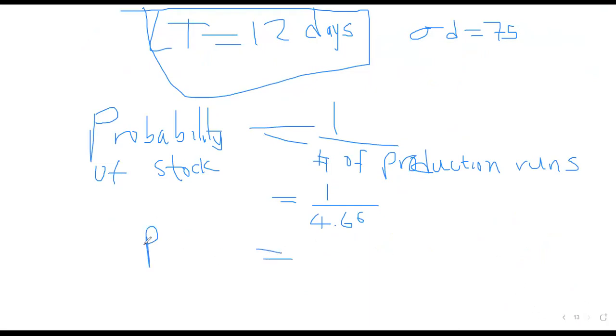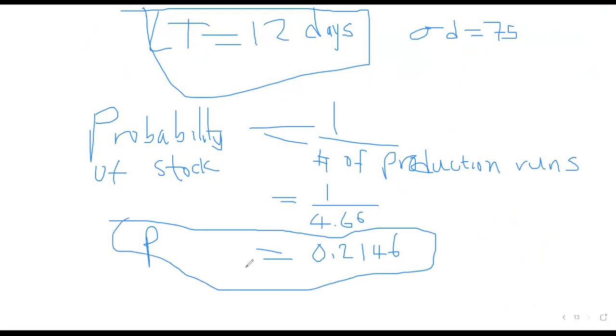So our probability is 0.2146. This is the probability of stock out. So you check for this value in the Z table. The Z tables, the normal tables, will be given.